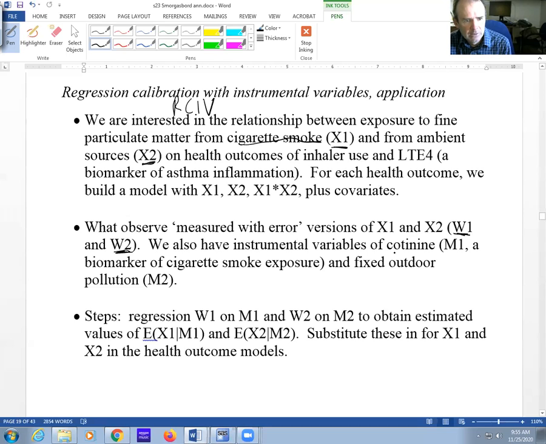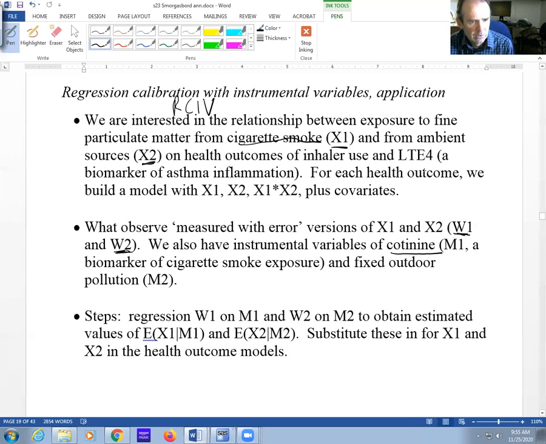One is cotinine, and that's actually a biomarker that's measured. We get that from urine samples, and that's a marker of cigarette smoke exposure. It's in different units, but it's linearly related to the actual cigarette smoke exposure.